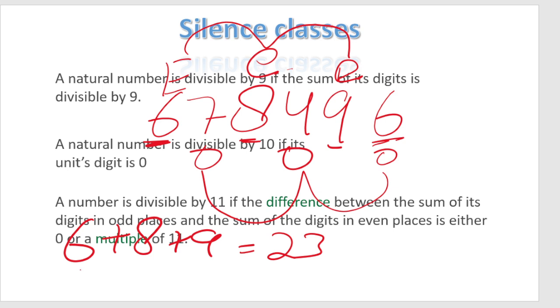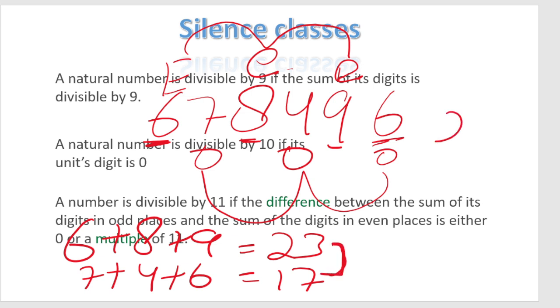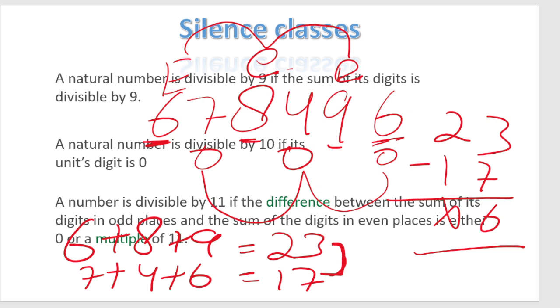Odd places: 7 plus 4 plus 6. 7 plus 4 is 11, 11 plus 6 is 17. Now we have to find the difference, which means we have to subtract these numbers. 23 minus 17, you will get 6. Is 6 divisible by 11? No, 6 is not divisible by 11.